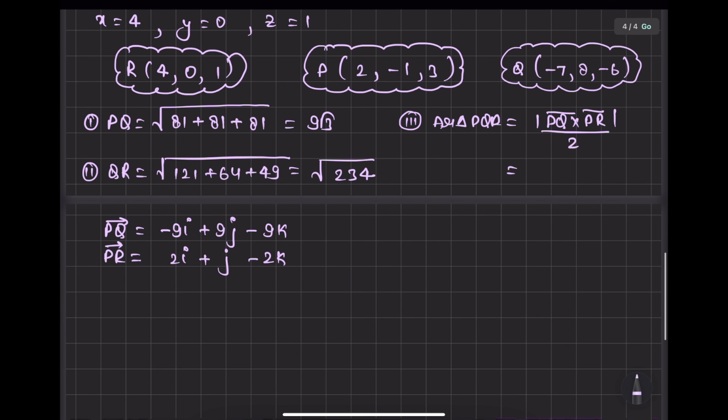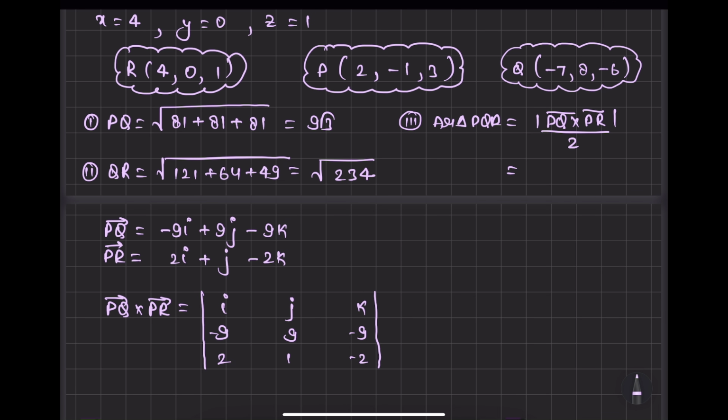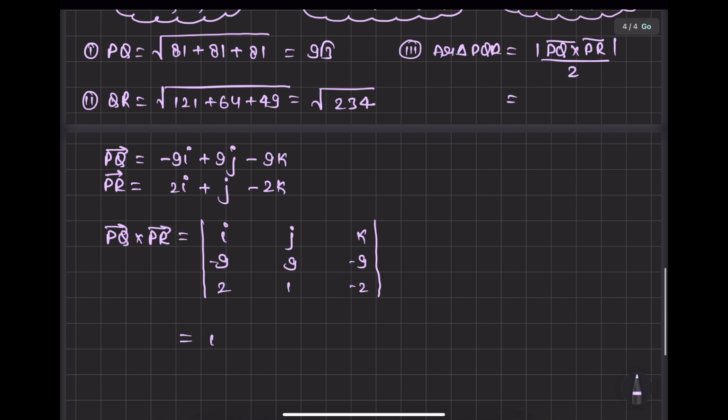Correct? Now let's do the PQ cross PR. So it is i j k, 9 9 9, 2 1 -2. We need to simplify things. So i is 18 plus 9, j is 18 plus 18, k is -9 minus 18.